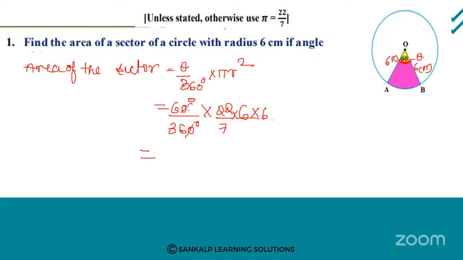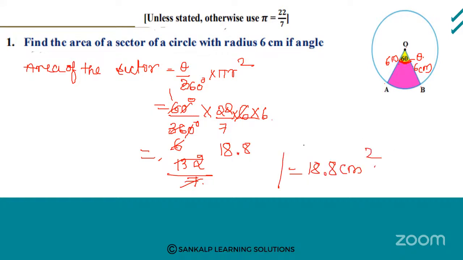The zeros get cancelled, 6 ones are 6, 6 and 6 get cancelled. 22 into 6 is 132, divided by 7, which is 18.8. That means the area of the sector is 18.8 centimeter square.